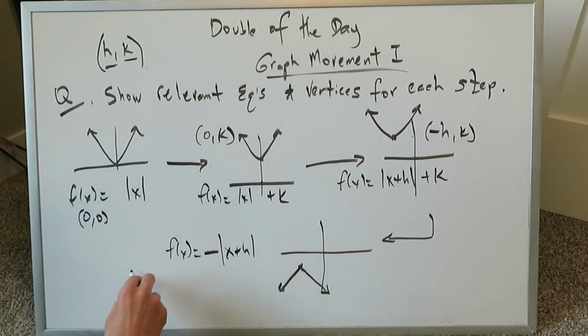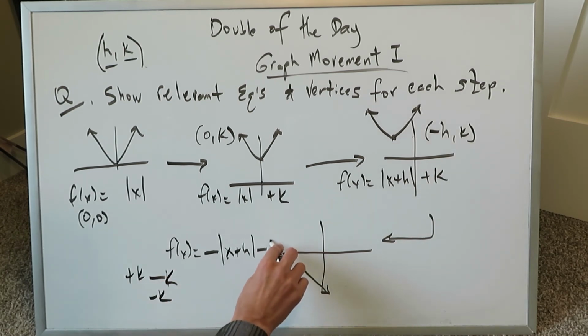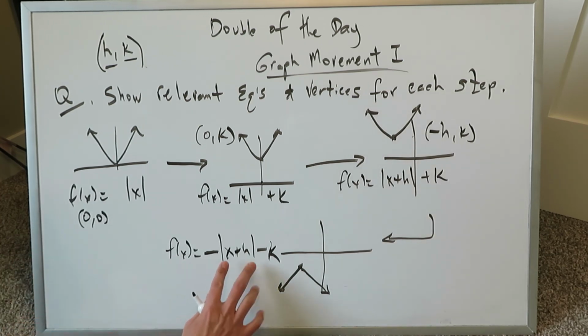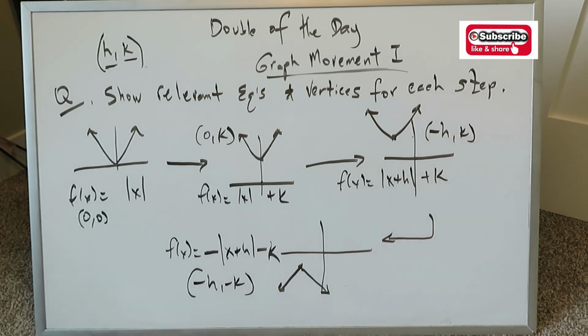If this was originally a plus k, now we've moved down by minus k, we can just as well put a minus k over here and we will be good, because we're looking at the end result in terms of the graph. The function is minus absolute value of x plus h, minus k, and the vertex would be minus h comma minus k, indicating that the vertex lands in the third quadrant, which it exactly is.